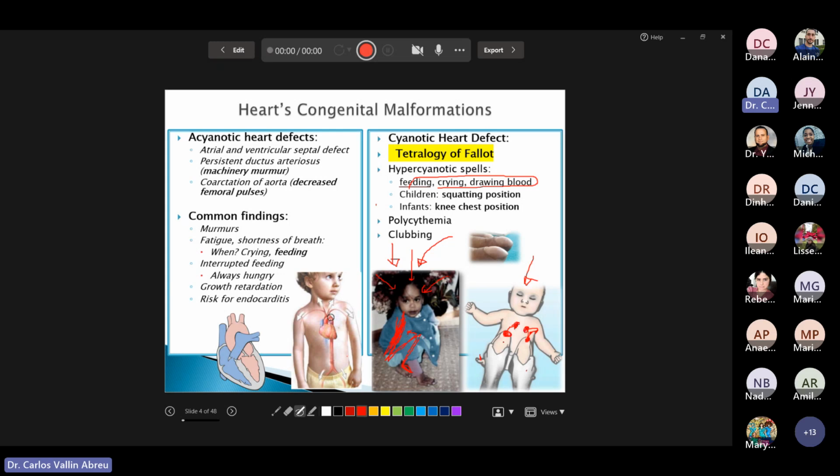Yes, knee chest, trying to keep the child upright, and then flex the knees and the hips toward the chest. So it's like making the child squat, and those are the classical questions of this. Take care that they have also been tested on clubbing and polycythemia.